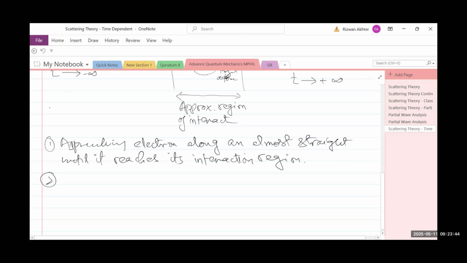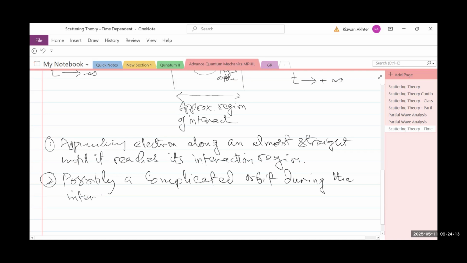So, in fact, the second part is possibly a complicated orbit during the interaction.